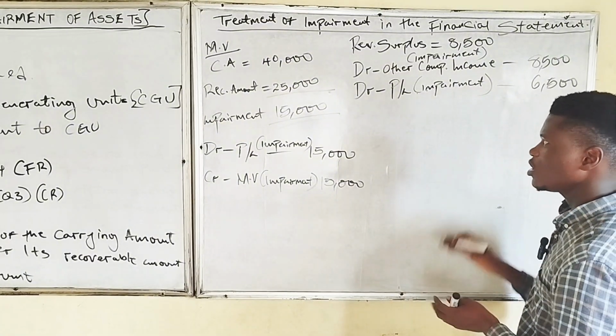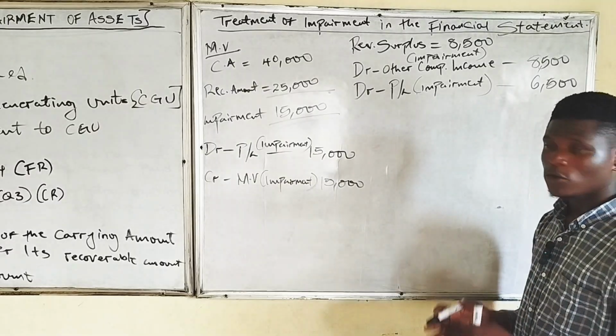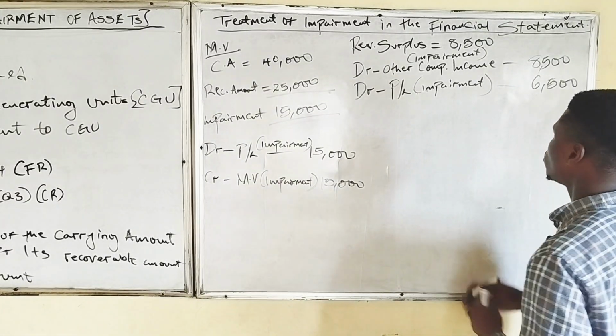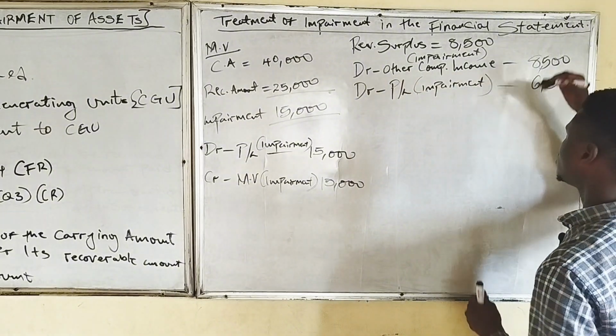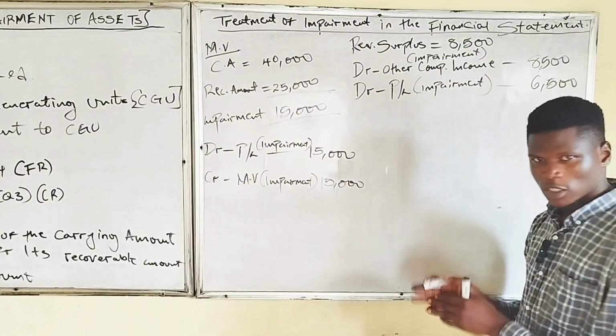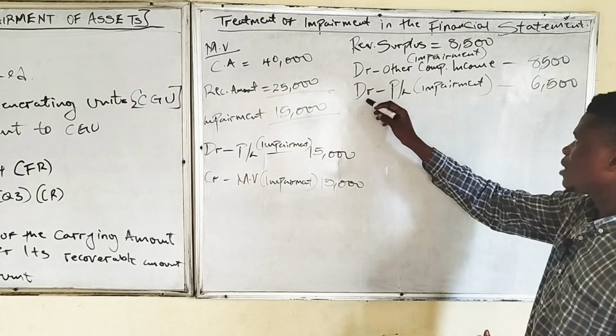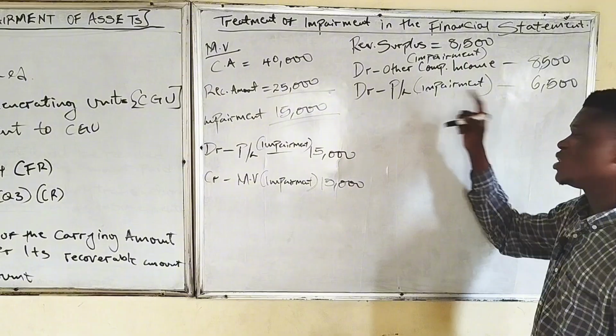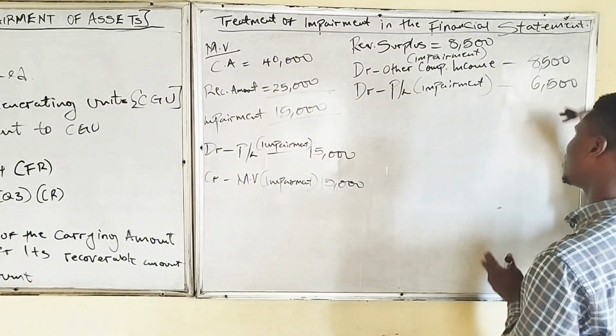Like I said, passing the entry, that is why I laid that foundation from the first class so that it becomes easy afterwards. So debiting OCI is deducting from OCI because OCI is an income and it has a credit entry. Then we are now debiting profit or loss as an expense, which is impairment. If we debit expense, it means we are adding to it.